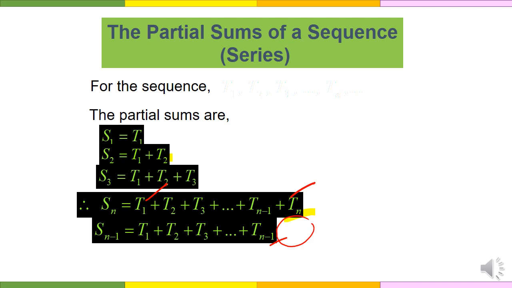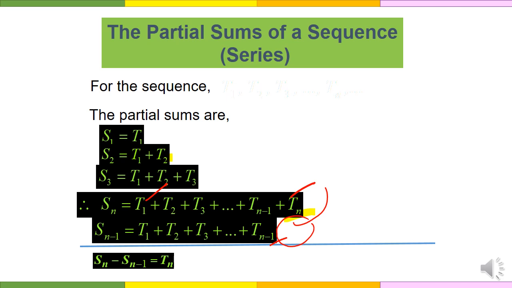So what about the partial sums of the sequence? We know the addition from the first term to n terms, or the first term to n minus 1 terms. The partial sums of a sequence can be written in the form Sn minus S of n minus 1 equal to Tn. To get the nth term, we just subtract S of n minus 1 from Sn.